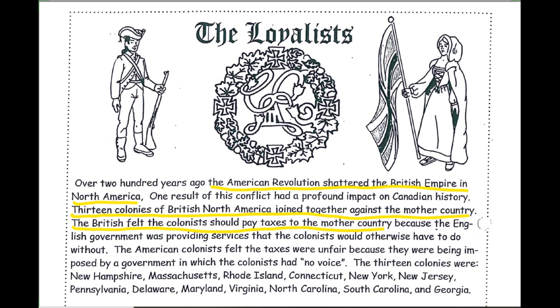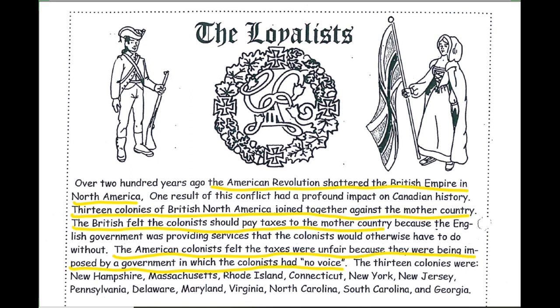Now, continuing. The American colonists felt that the taxes were unfair because they were being imposed by a government in which the colonists had no voice. So you'll highlight that. The colonists had no input on government decisions because they didn't live in England anymore.